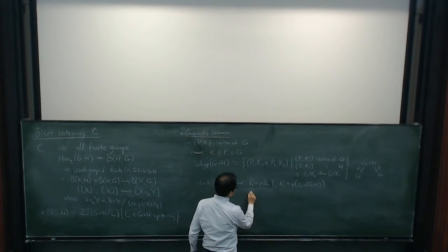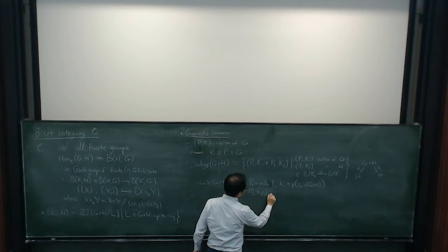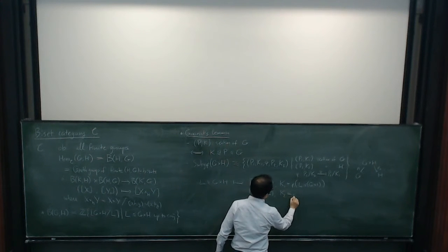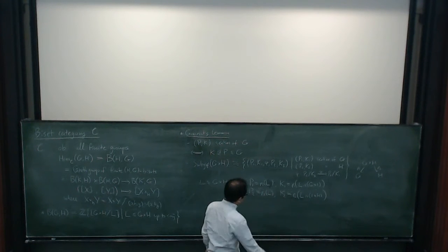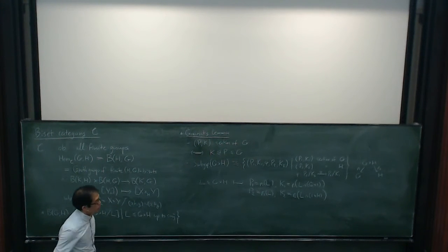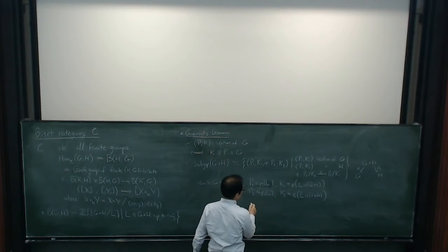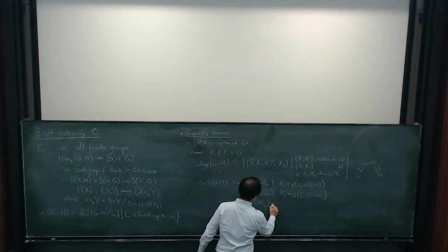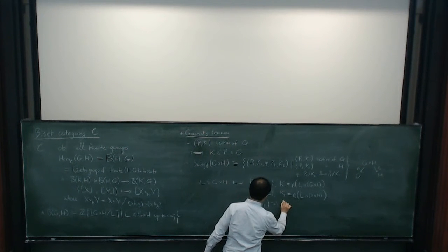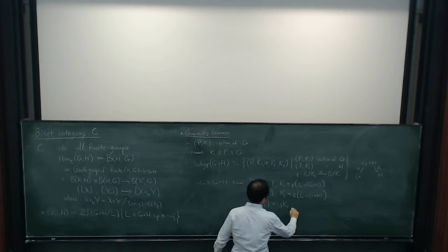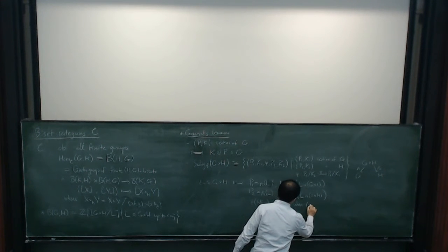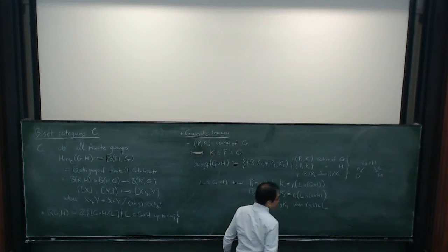P2 and K2 are defined similarly. It turns out that they form sections of G and H, and they have isomorphic quotients, and the isomorphism is given by sending the coset of h to the coset of g whenever (g,h) is an element of L.